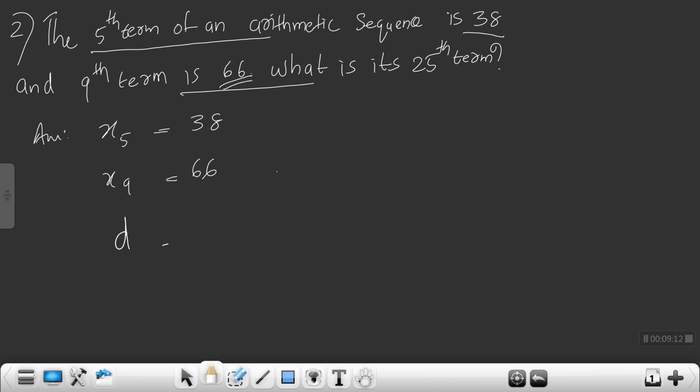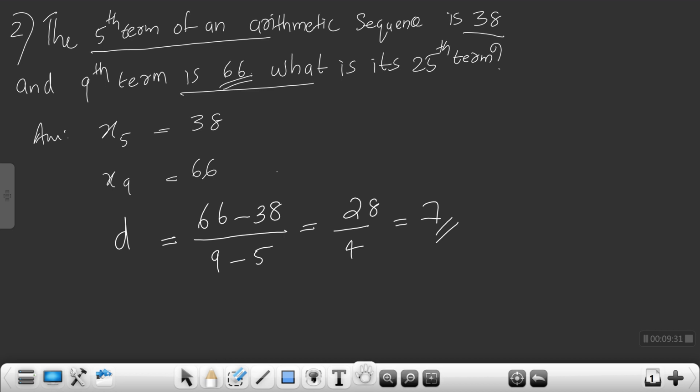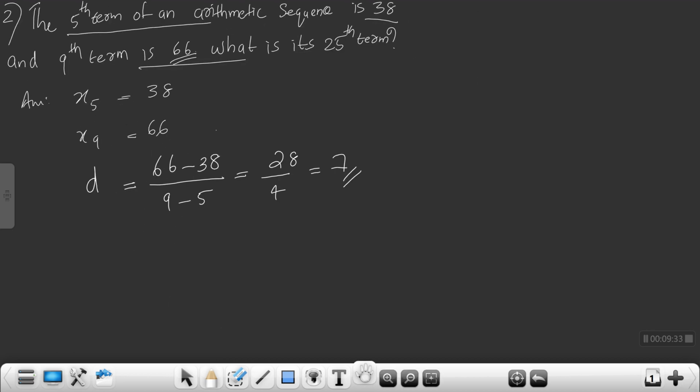Here the common difference d can be written as term difference by position difference, that is (66 minus 38) divided by (9 minus 5), which is 28 by 4, which is 7. The common difference is 7.